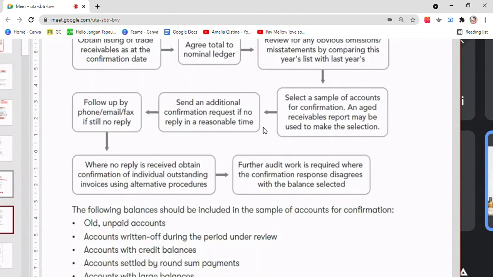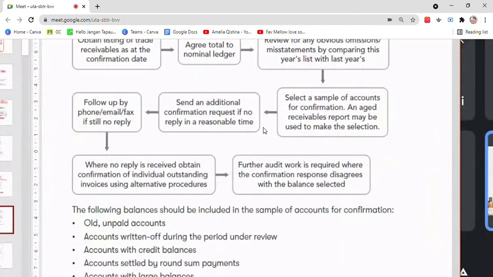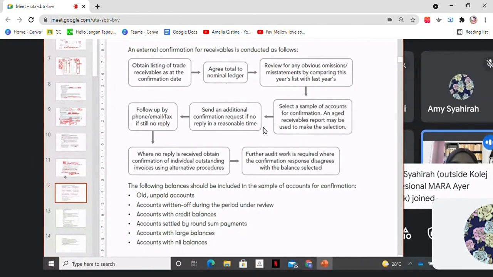Okay. So how is the external confirmation conducted? First you obtain a listing of trade receivables as at the confirmation date. So this is the listing. Then agree the total to the nominal ledger, or to the individual accounts receivable ledger.